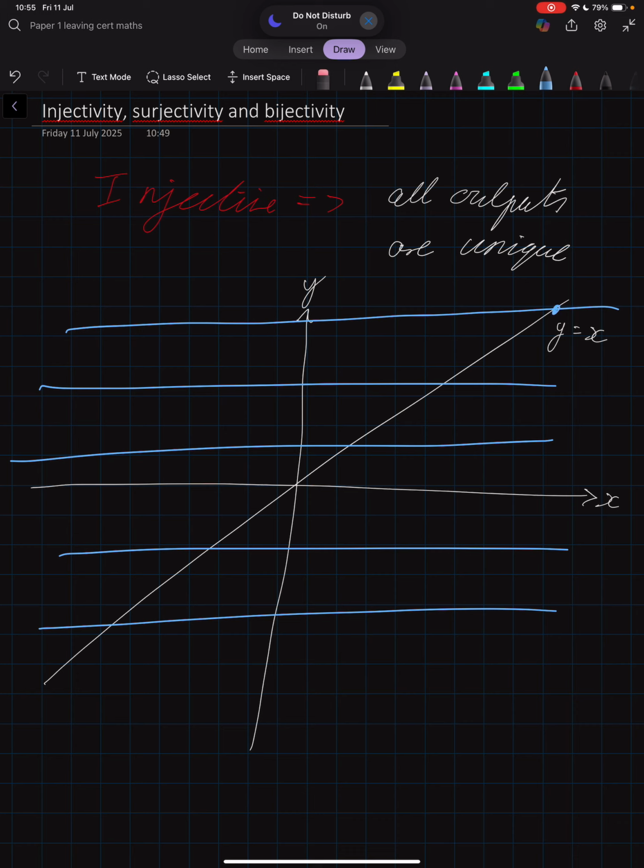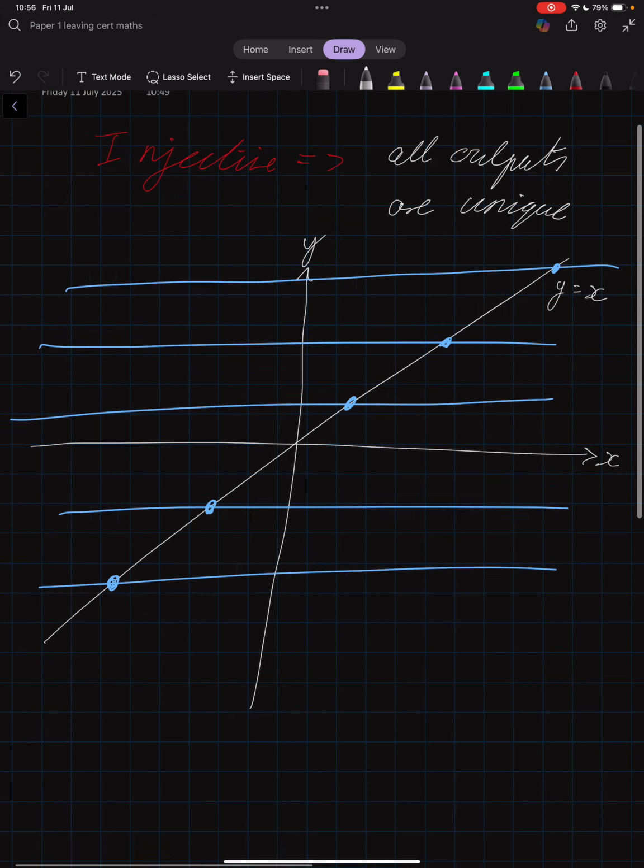So here I hit it once, here once, here once, and if I keep doing this forever, I'll only ever hit it once. So this would be called an injective function because all the outputs are unique.